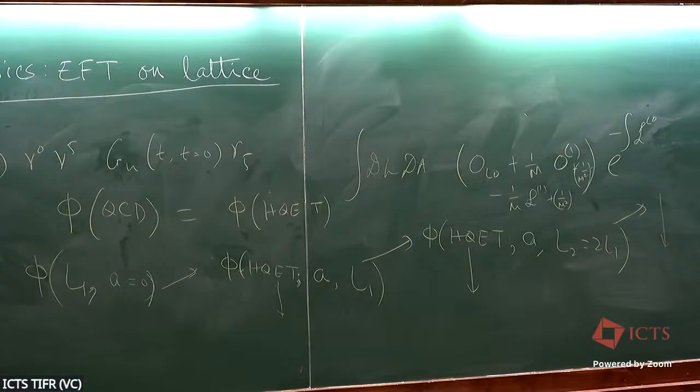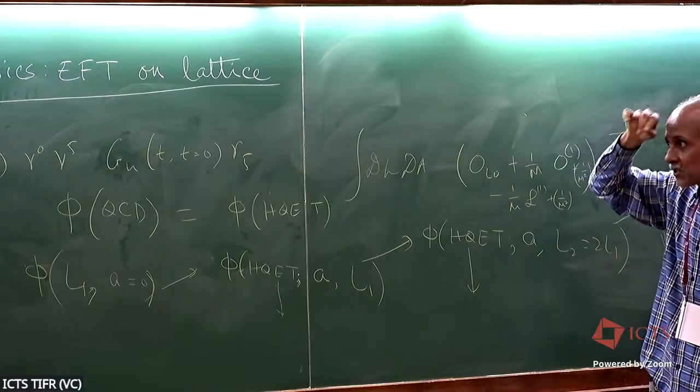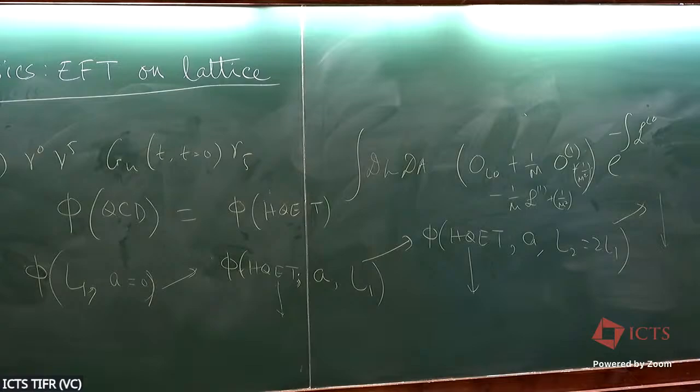So using this, of course, they have calculated FB. There are other ways of calculating FB also. This is in some sense more rigorous in the sense that they are keeping track of the lattice cutoff at every step.